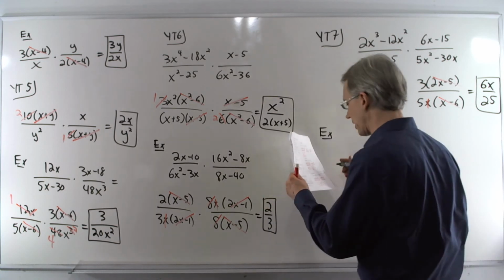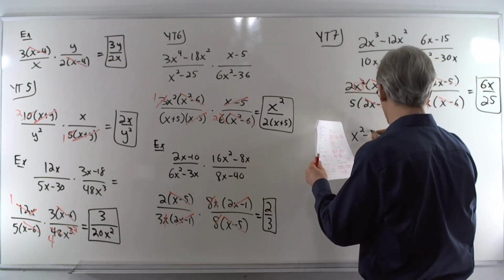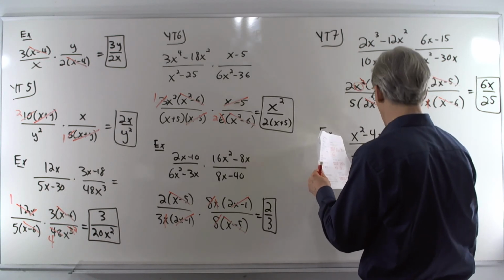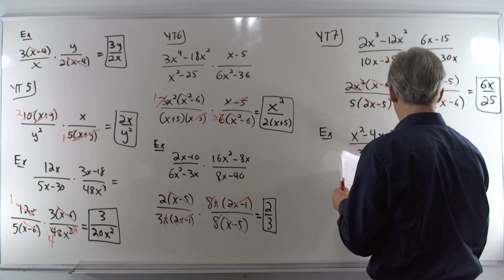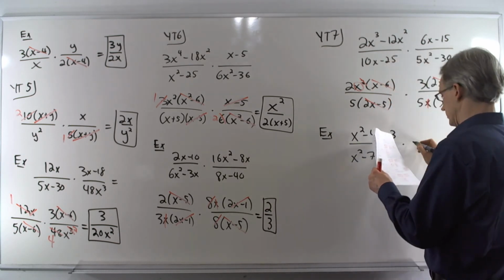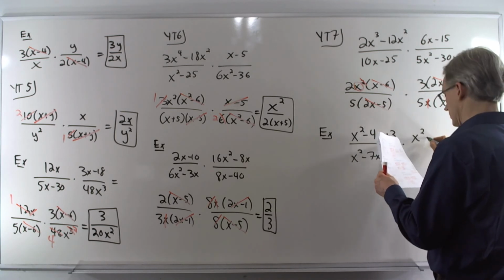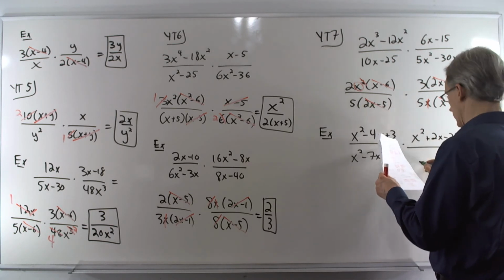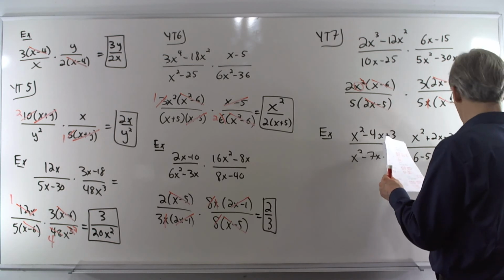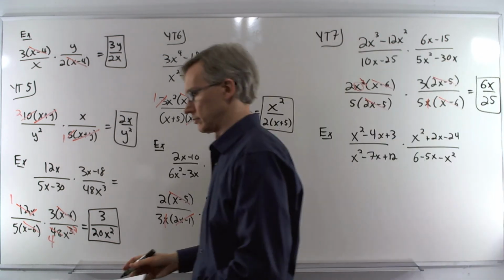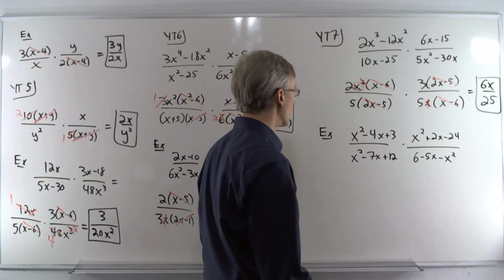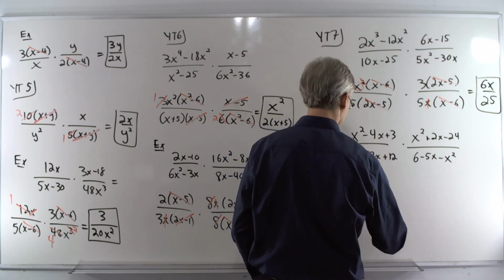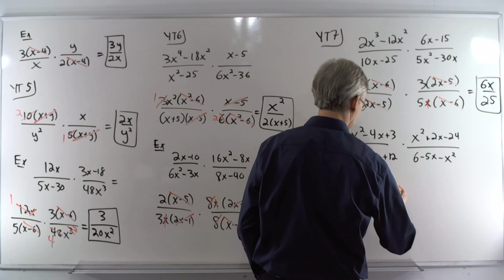Now we're going to start factoring some trinomials. All right, first trinomial, x squared minus 4x plus 3, we can factor that into x minus 3, x minus 1.